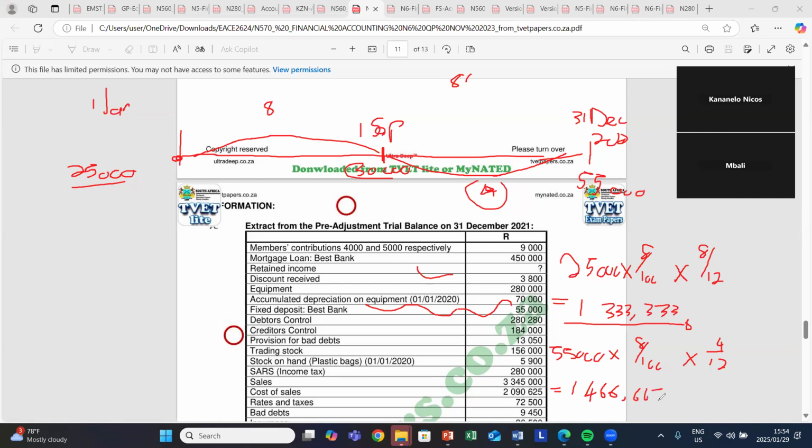For us to get the total interest income for the year, we'll add both of these amounts: 1,466.667 plus 1,333.